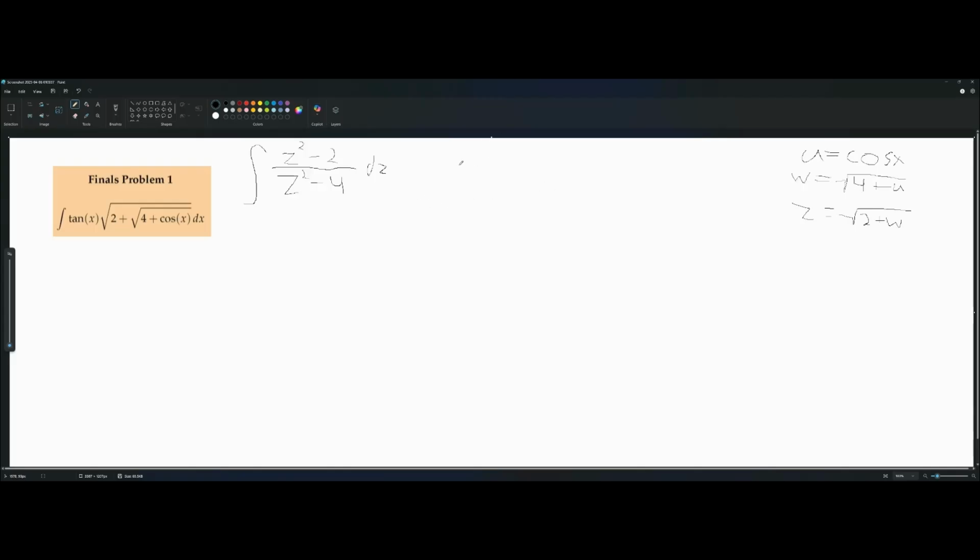So let's do that. We're going to divide z squared minus 2. Z squared goes right here. Gives us a 1 up here. Negative 2, right? And to get to 4, we're just going to have to add another negative 2, which gives us our remainder.